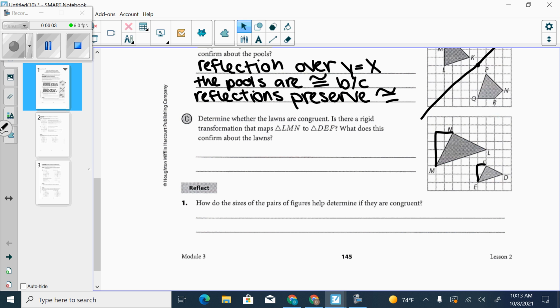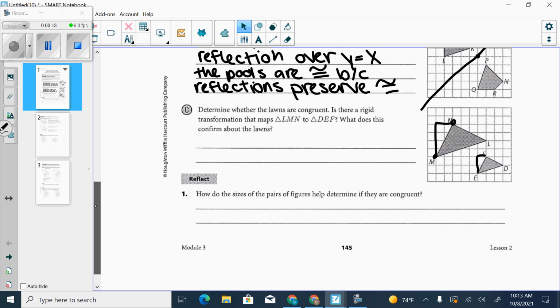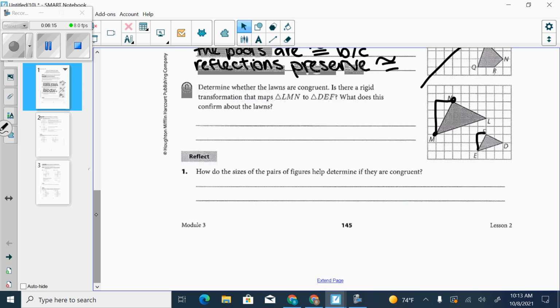Okay. So, do we have a formula that tells us how far something is from one point to another? The distance formula, right? Okay. So, distance formula is our coordinate point formula, right, with our x's and our y's.